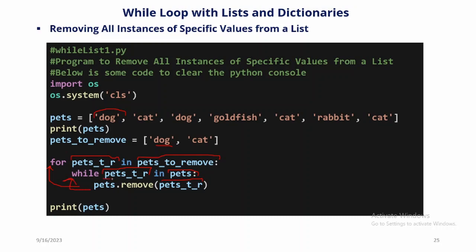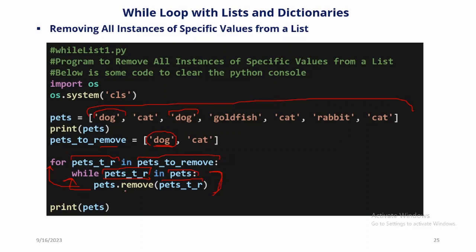While dog is still in pets, the next instance of dog is found. So for every item like dog which you take from this list, you have to go through all the items in this list by using this while loop that is here. So it's going to go through this list 1, 2, 3, 4, 5, 6, 7 times. This while loop will operate 7 times.